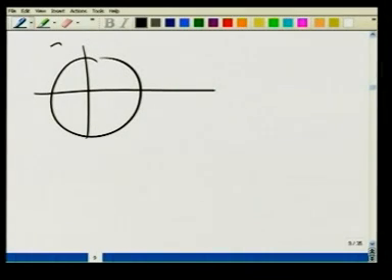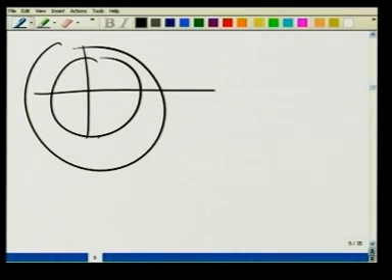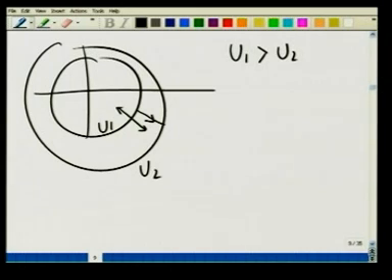So, let me just picturize this. Suppose I have, let me take 2 dimensional case since this is easy, a contour, and let this be u1, u2, and let u1 be greater than u2. So, I know gradient of u is either in this direction or in this direction. Let me come from surface 1 to surface 2 by delta L.